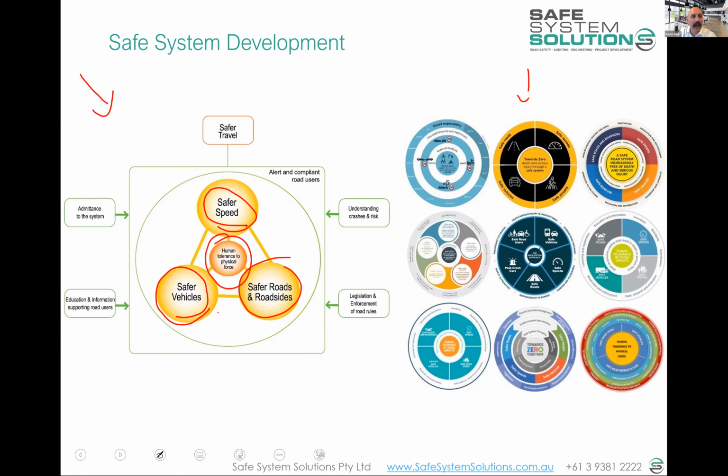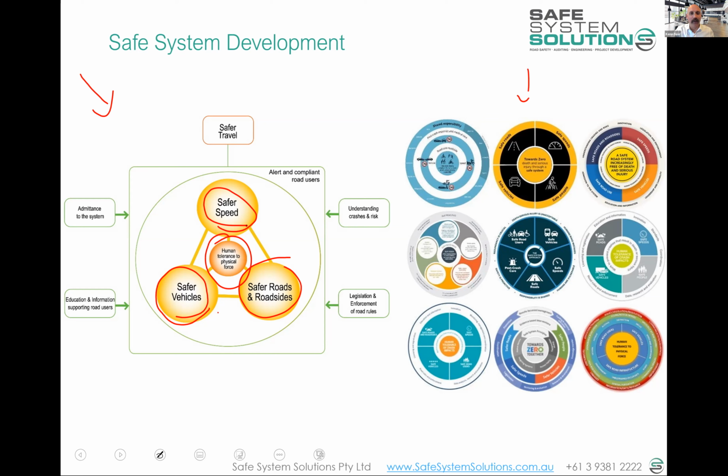We need to understand and design for human tolerance to physical force, and we need to do that by looking at the roads and roadsides, the vehicles, the speeds, and making a system there. And somebody then said, well, what about the road users? And then there was this divide in the groups.